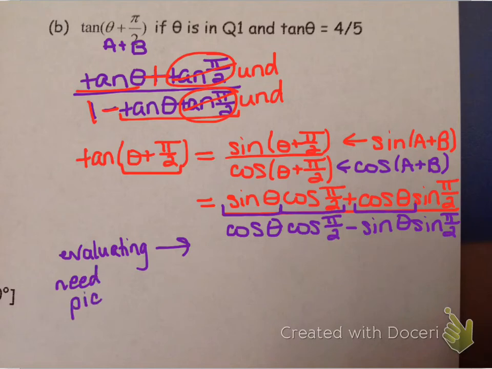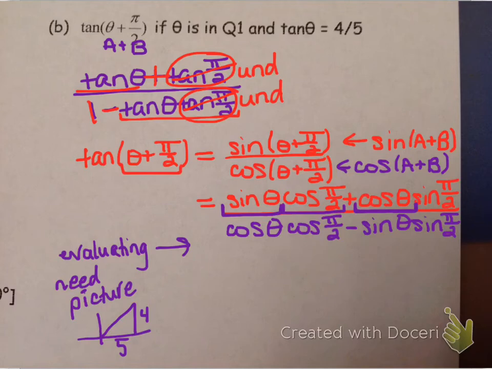That's why we were told where our angle existed. We were told it was a quadrant 1 angle, because I would need to figure out what sine of theta and cosine of theta are. That just means you draw a picture in quadrant 1. You were told the tangent value was 4/5, and you can do the whole nine yards.